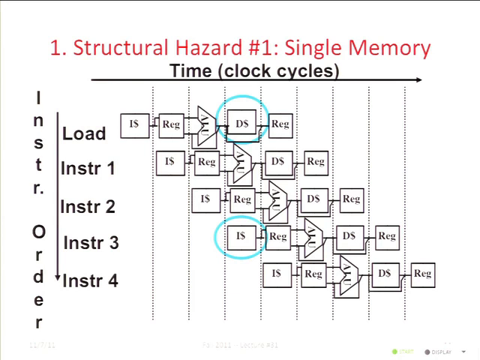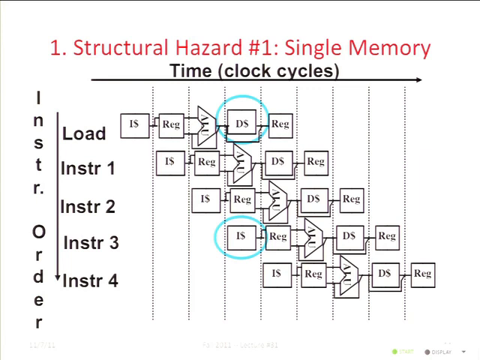If you didn't do anything smart, that would be a conflict. That's an example of a structural hazard, and it's one that we've already fixed before we even talked about pipelining, for other reasons in addition to this, the locality reason.